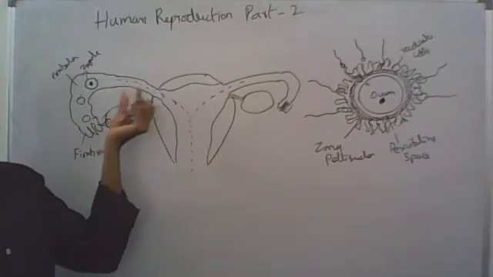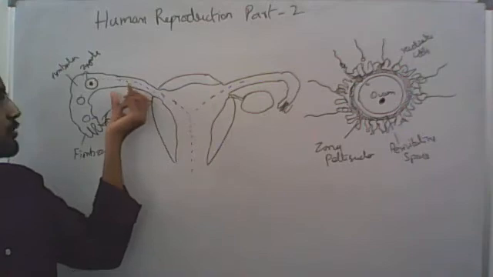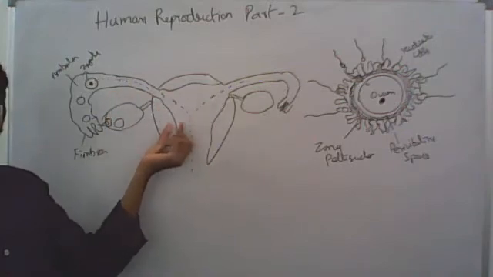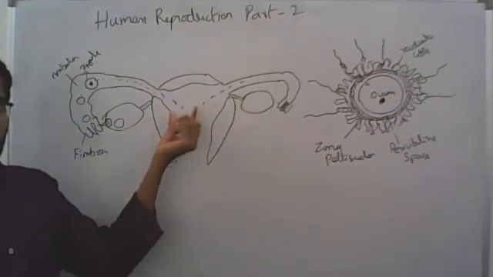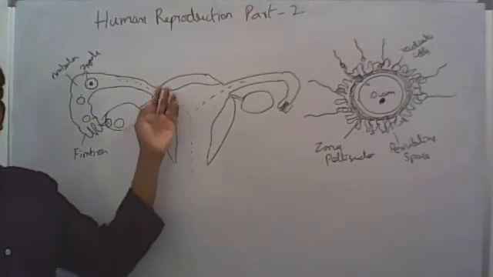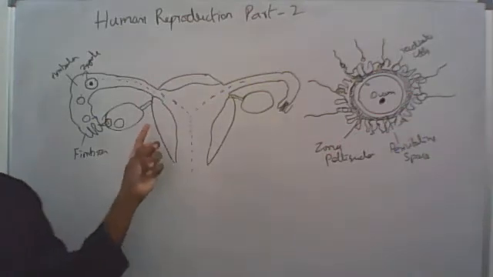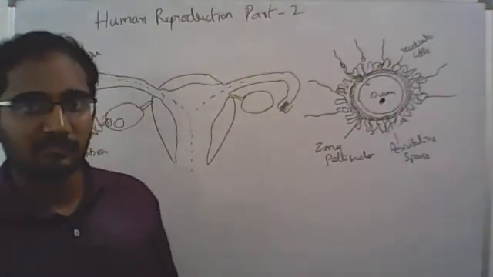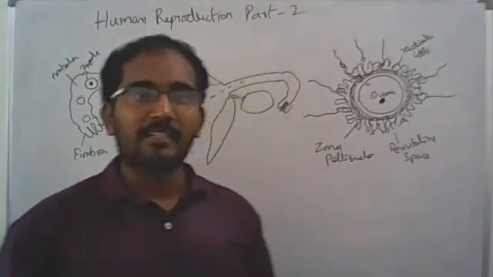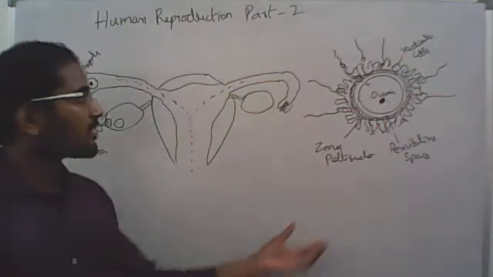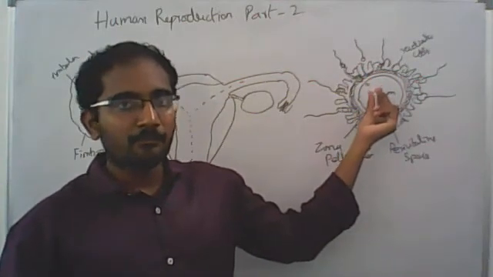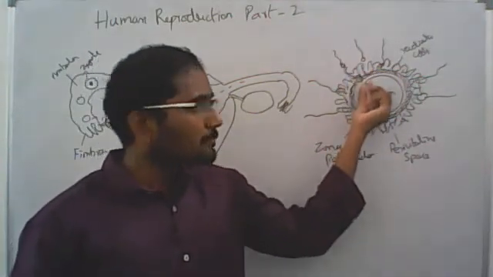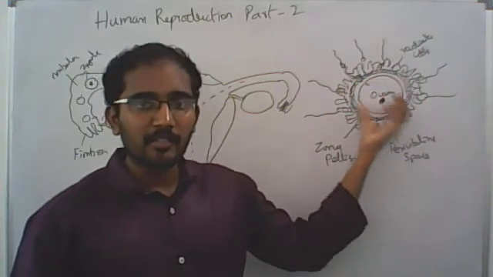If these two different embryos implant into the endometrium layer, there will be two babies at the same time. Those are genetically identical, so they are identical twins. Okay, in the case of non-identical twins, simply a sperm is going to enter into the ovum.